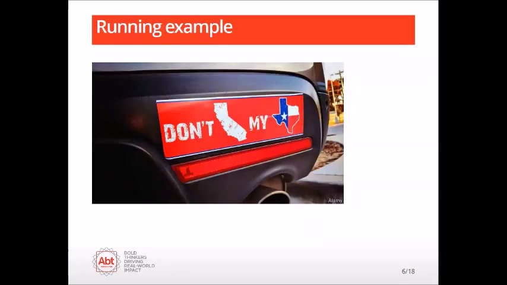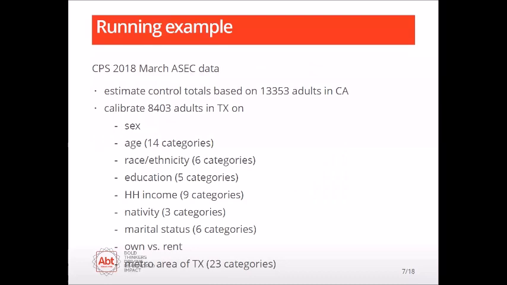For the running example, I'll take a look at CPS Economic Supplement March data, and I'm going to reweight Texas to look like California based on a number of demographic variables.